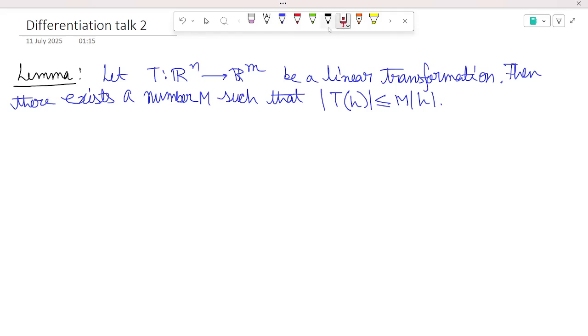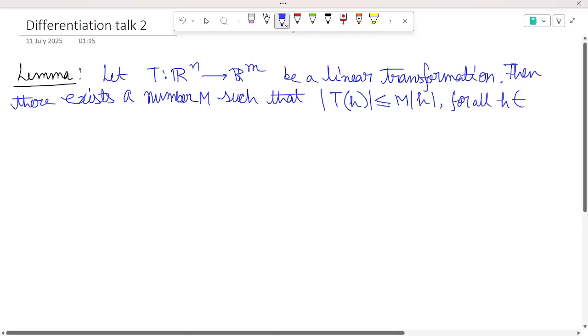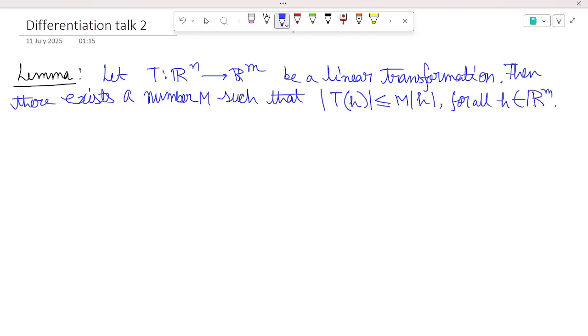So observe this. Again, I am saying it is a norm actually. This is taken in Rm, this norm is of Rm and this is the norm of Rn. Actually, you can think of that as a modulus, for instance.